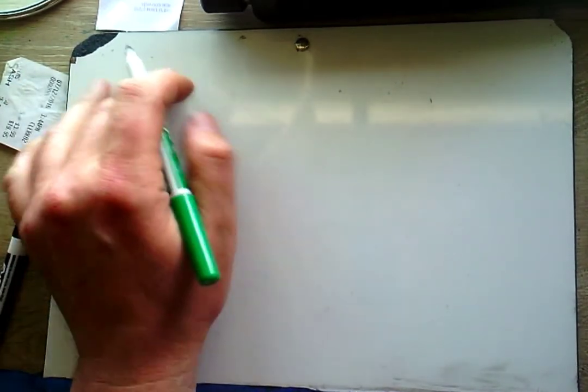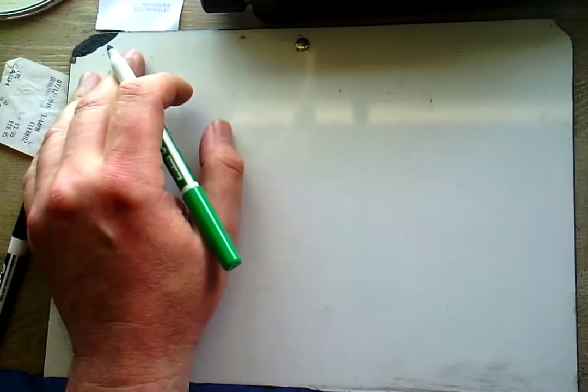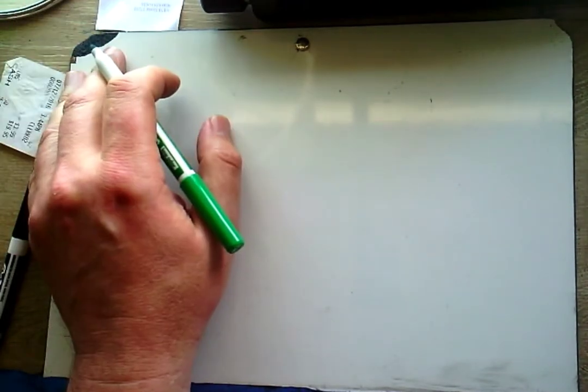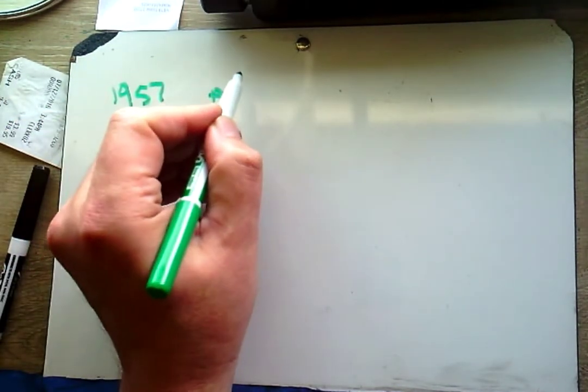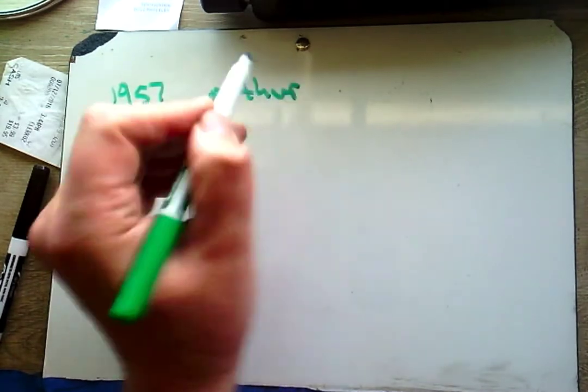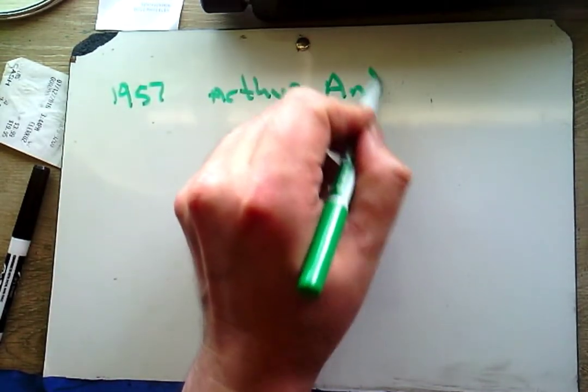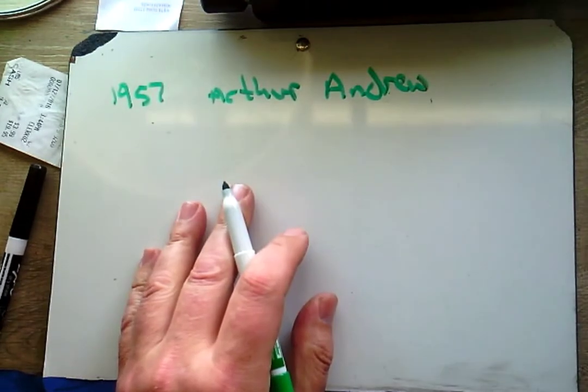Okay, the last thing I want to talk to you about today deals with a young man walking home from school one day, and his path home wasn't always on streets. Think of him as here walking through the desert to get home. By the way, this is 1957, and his name is Arthur Andrew. And he lived in Illinois.